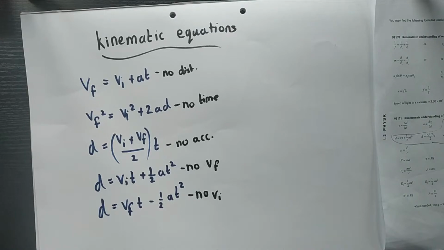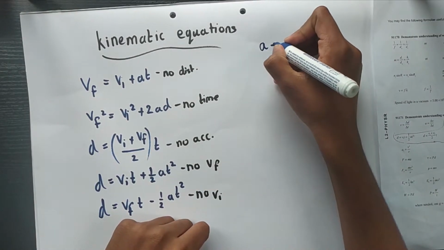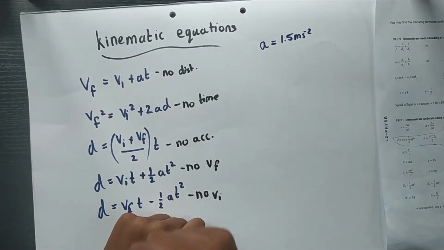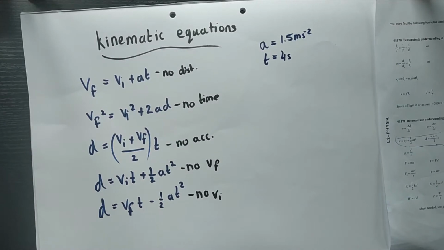A skateboarder accelerates uniformly from a standing start at 1.5 meters per second squared down a steep hill. What is his speed 4 seconds from starting? Alright? So, we know 2 things. First of all, the acceleration is 1.5 m/s², and we know the time is 4 seconds.